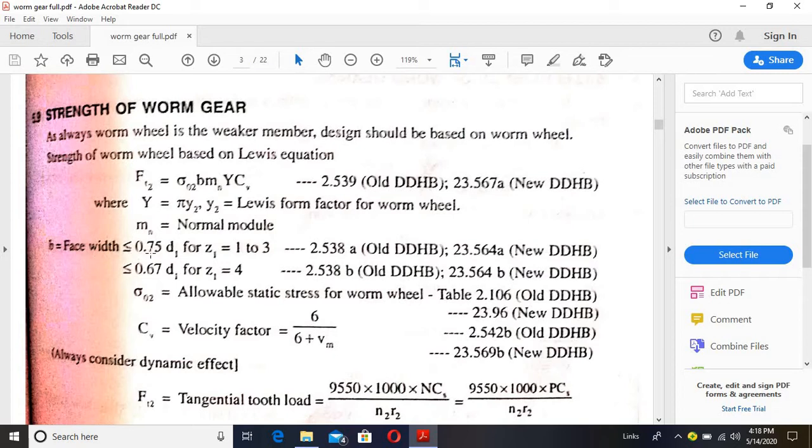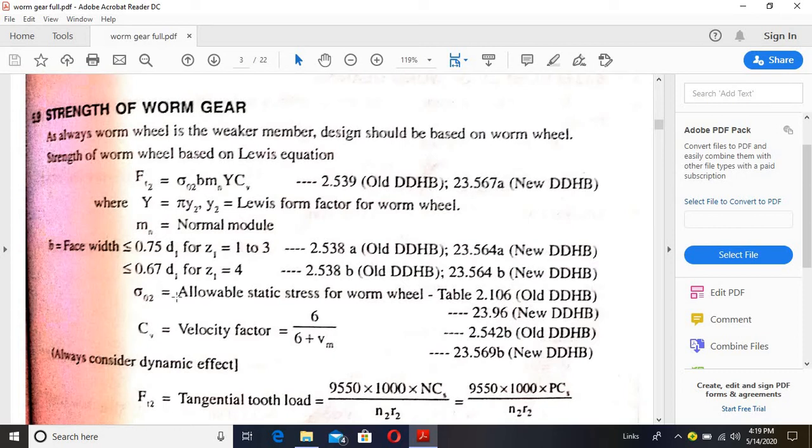It is less than or equal to 0.75 D1 for Z1 equal to 1 to 2. If the number of threads is between 1 and 2, we are taking b less than 0.75 times D1. If the number of threads Z1 is equal to 4, then we are taking b less than or equal to 0.67 D1.